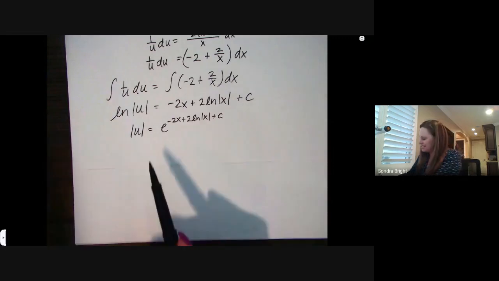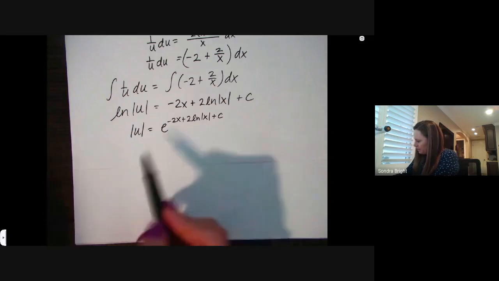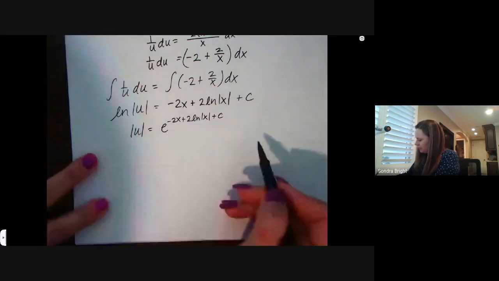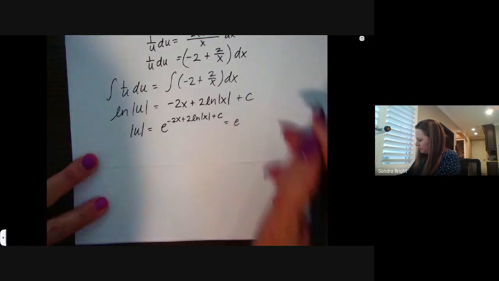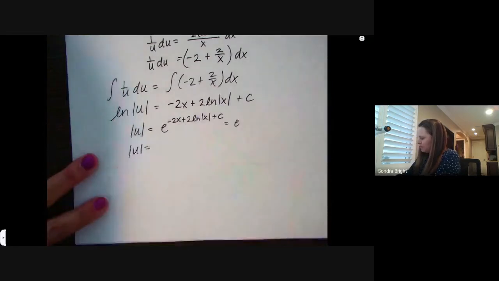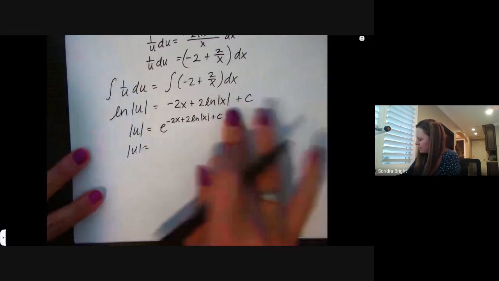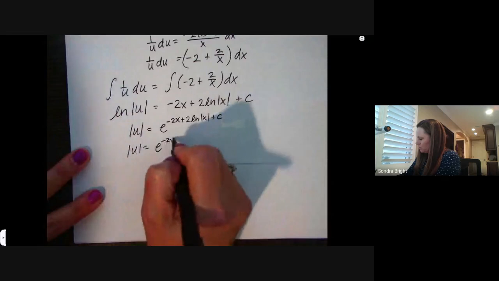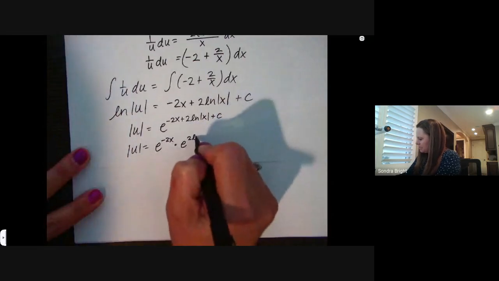So this right-hand side is equivalent to e to the negative 2x times e to the 2 times the natural log of the absolute value of x times e to the c.